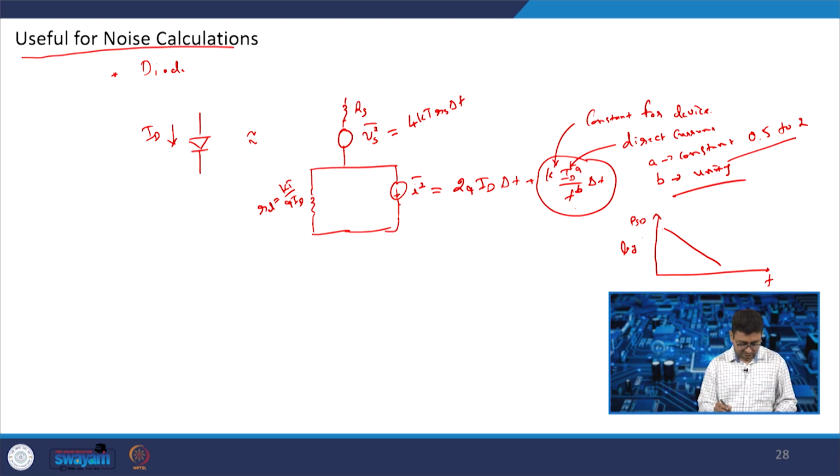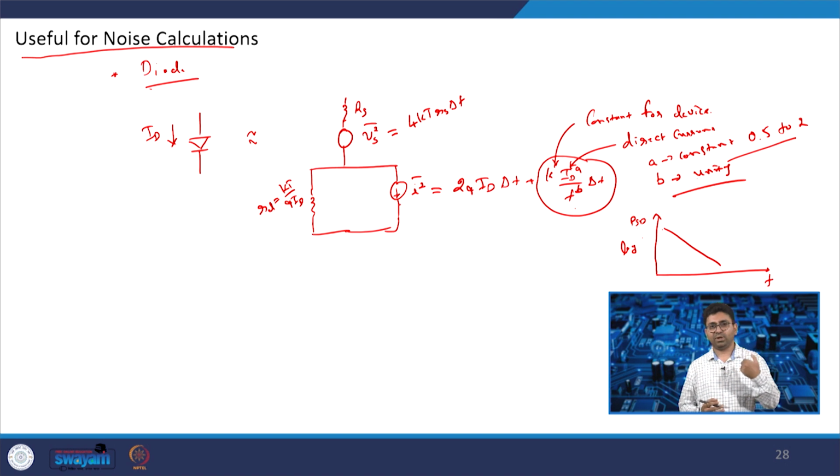When you consider the diode, in many RF applications diodes are used as switches. If you want to analyze what noise is added, generally switches are used where, as we have already discussed in the wireless communication basics, in TDMA you need to switch.